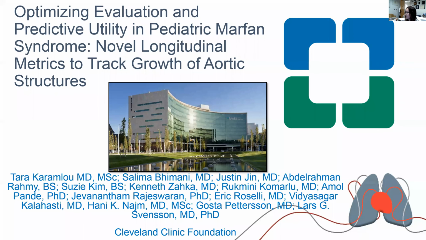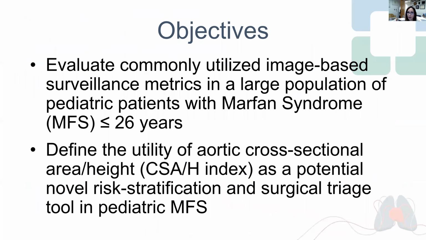I'm going to be talking today about Marfan syndrome: optimizing evaluation and the predictive utility in pediatric Marfan syndrome, novel longitudinal metrics to track growth of aortic structures. The objectives are to evaluate commonly utilized image-based surveillance metrics in a large population of pediatric patients with Marfan syndrome, which we defined as less than or equal to 26 years.